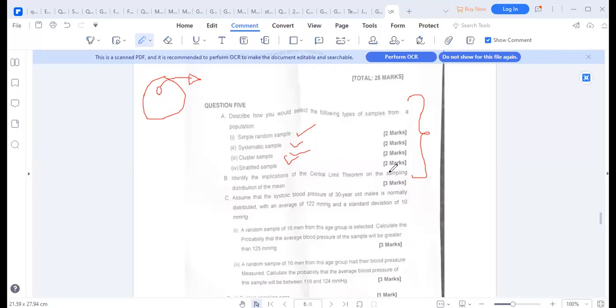So simple random sampling is a simple type of probability where the researcher will select what? A subset of the participants from the whole population with equal chance. So that is the distinctive characteristic.